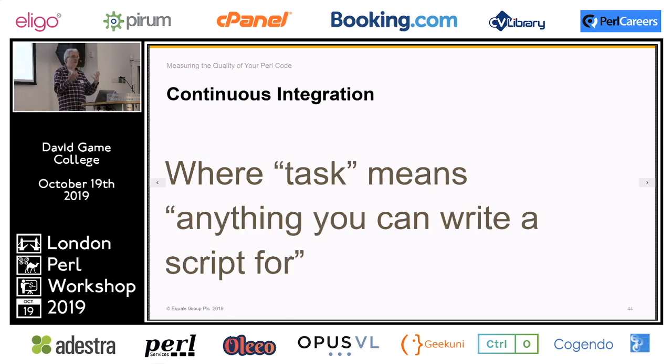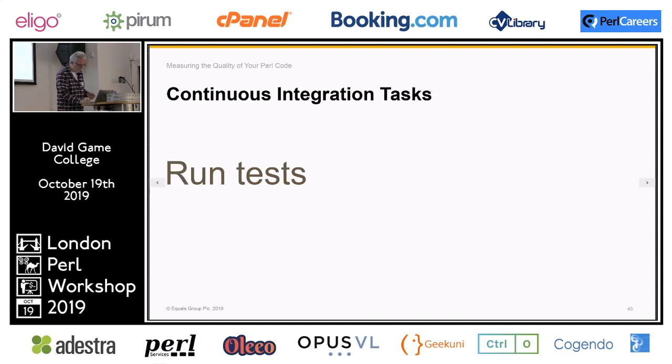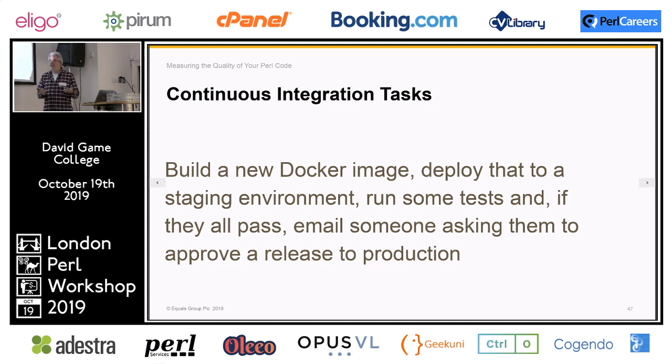Where task, in inverted commas, means basically anything that you can write a script for. You can run tests. You can send an email to someone. You can build a new Docker image, deploy that to a staging environment, run tests against it, and if the tests all pass, email someone asking them to approve a release to production.